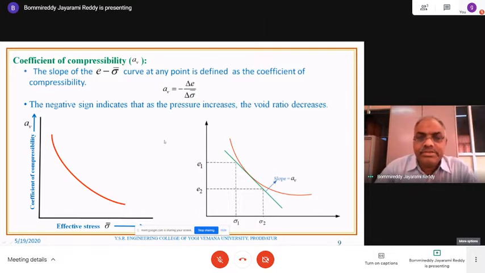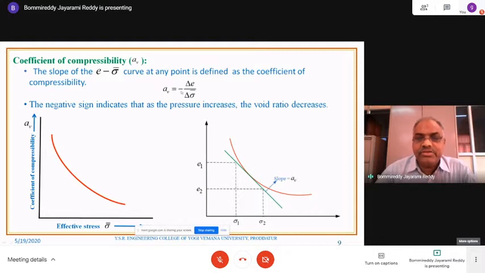Here there is a negative sign in AV. Why the minus sign? When the pressure increases from sigma 1 to sigma 2, the void ratio decreases from e1 to e2. One parameter is increasing while the other is decreasing.